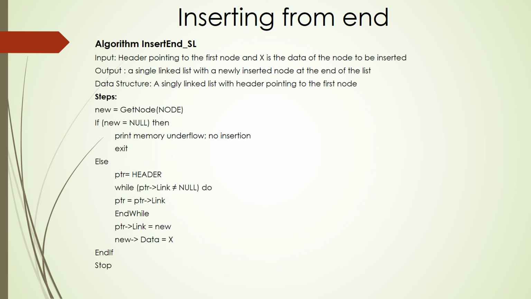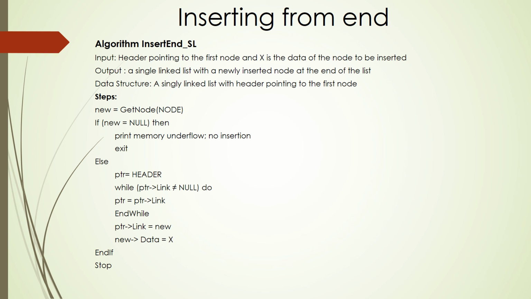Since you want to be at the last node, you are taking ptr link is equal to null. You will travel from the first node, second node, third node, etc. You will stop and come out of the while loop when ptr is at the last node, where the link field is equal to null.